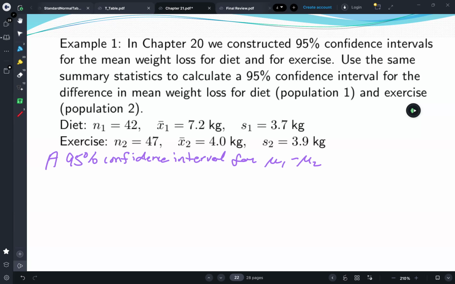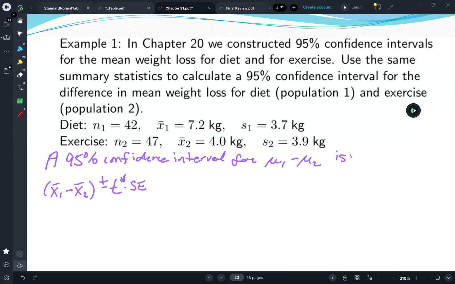So the average difference between the weight loss between the diet and the exercise. So it's going to be x bar 1 subtract x bar 2 plus or minus a t star times the standard error.